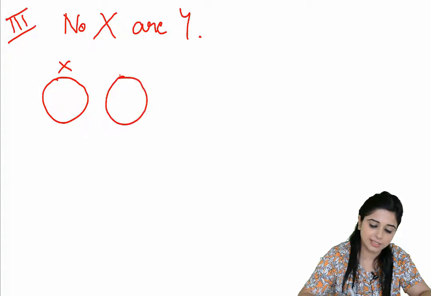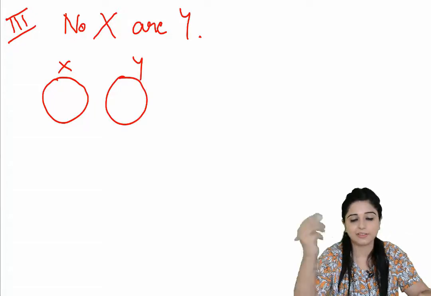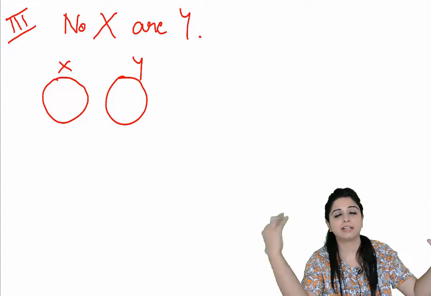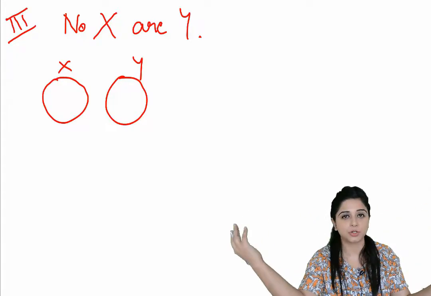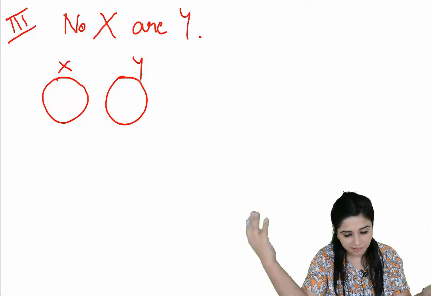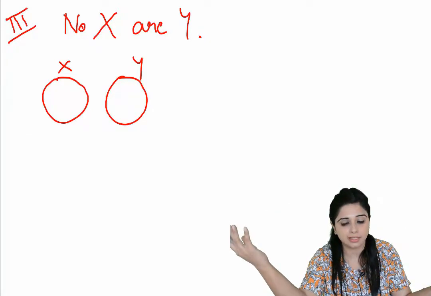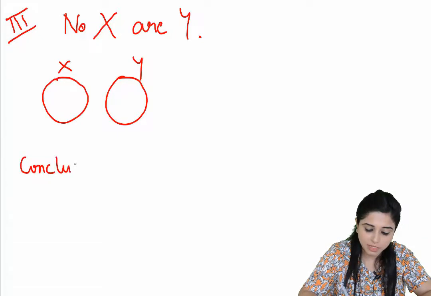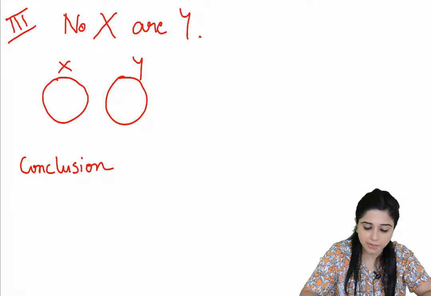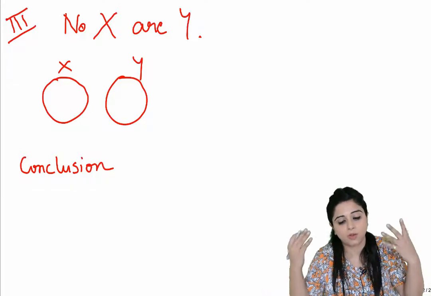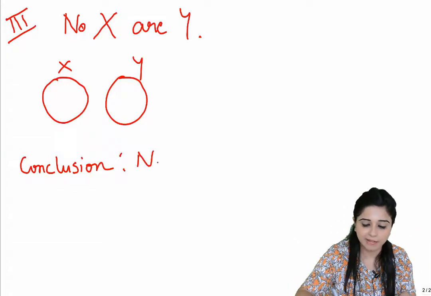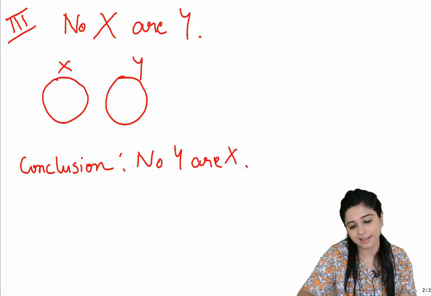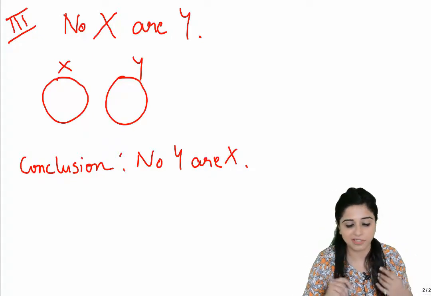When we say no x or y, it basically means x and y have absolutely nothing to do with each other, and therefore two disjointed sets is what we're going to get for the representation part of it. For conclusion, what do you think the conclusion is going to be? Well, if no x or y, then quite obviously no y or x. It explains why it is my favorite statement, right?